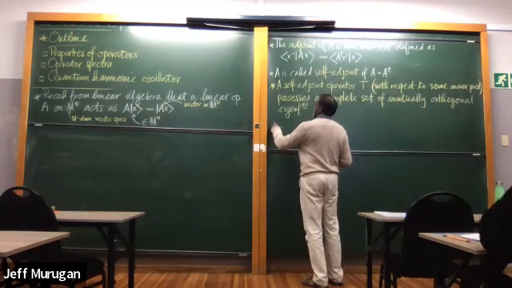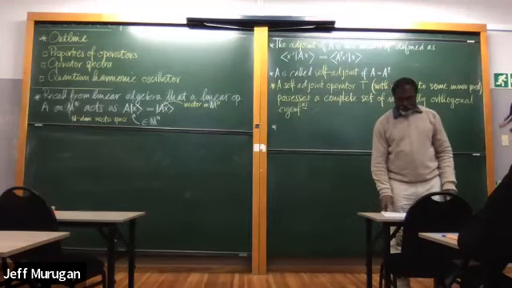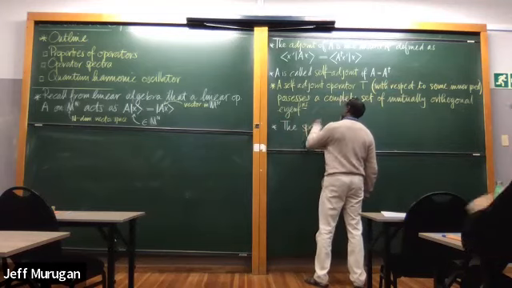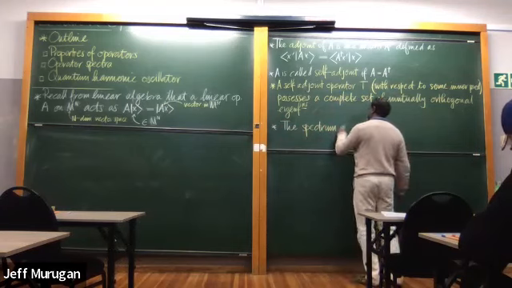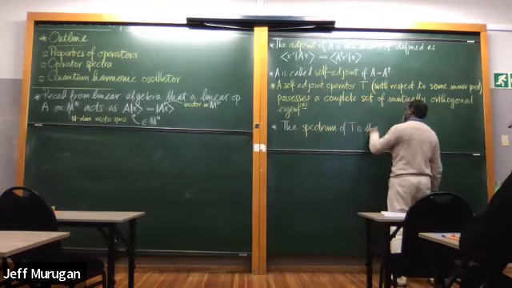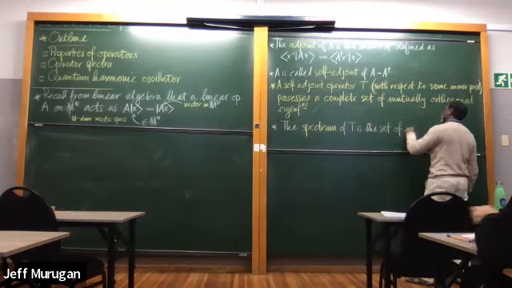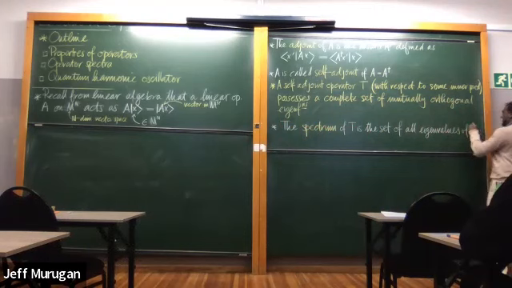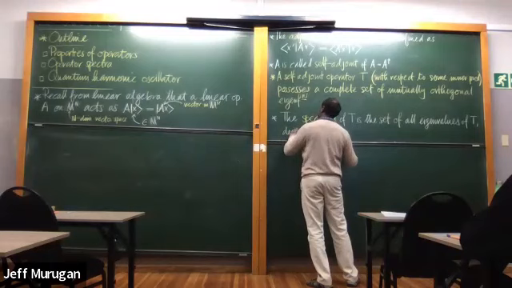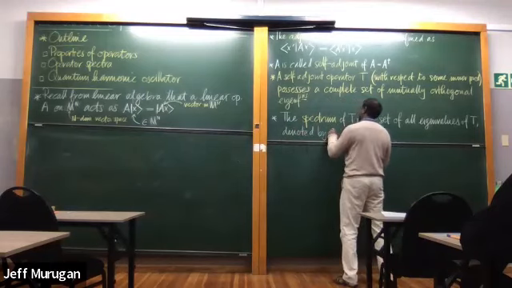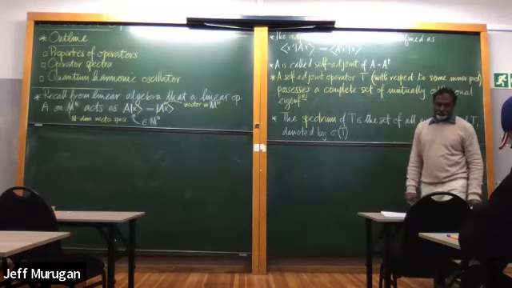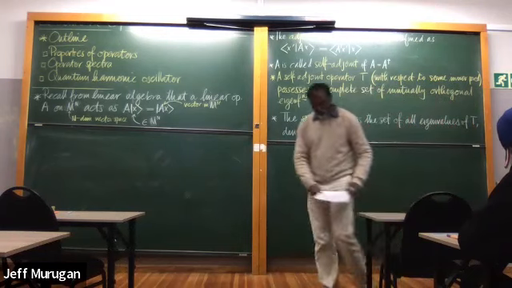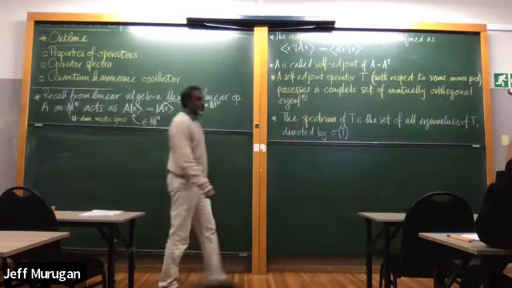The set of all eigenvalues of T is called the spectrum of T. The spectrum of the operator T is the set of all eigenvalues, and we'll denote this by sigma of T. An eigenvalue in sigma of T can belong either to a discrete spectrum or a continuous spectrum.